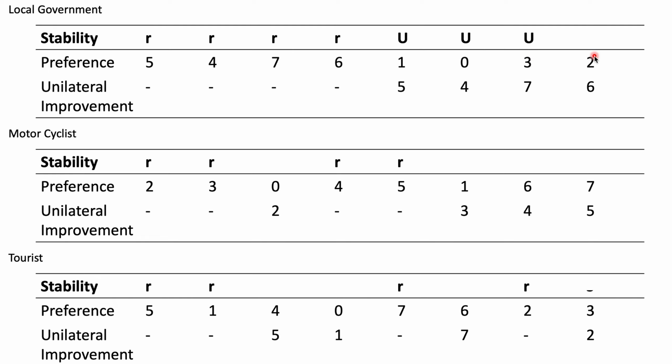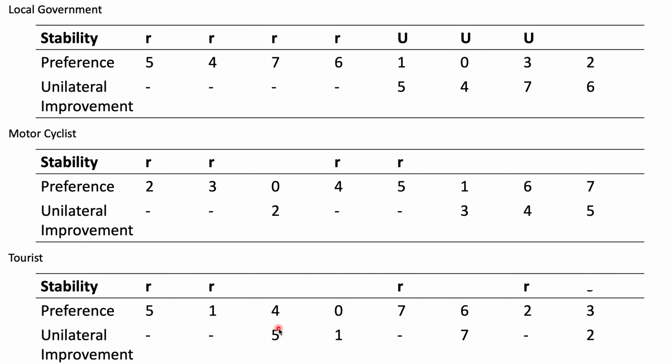Next, for scenario 2, the local government would prefer a unilateral improvement to scenario 6. For motorcyclists, scenario 6 is not preferred. Motorcyclists would prefer scenario 4. And for tourists, scenario 4 is also not preferable because they would choose scenario 5 instead.